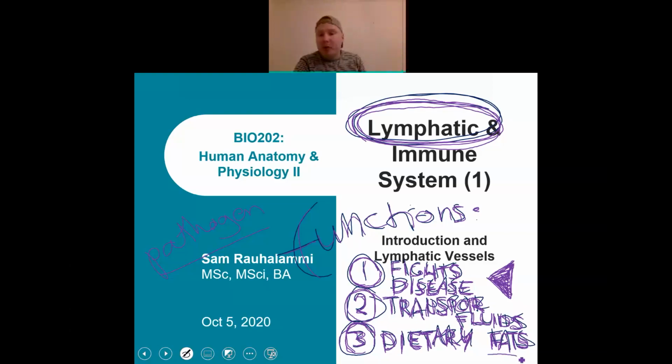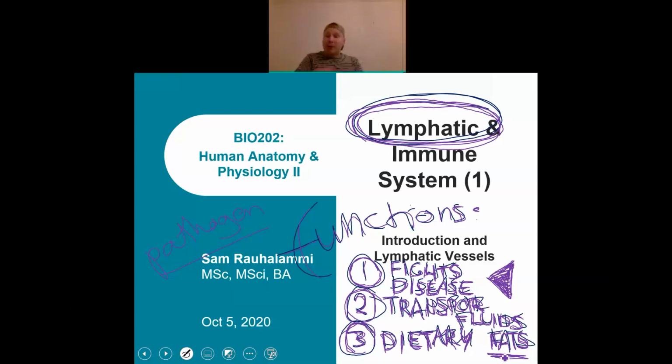So that's where we recruit the lymphatic system to help us with that. Because it turns out that the lymphatic system's capillaries are able to collect much larger molecules. So rather than picking up the large fat molecules through the cardiovascular system's capillaries, we actually use the lymphatic system to pick those up.